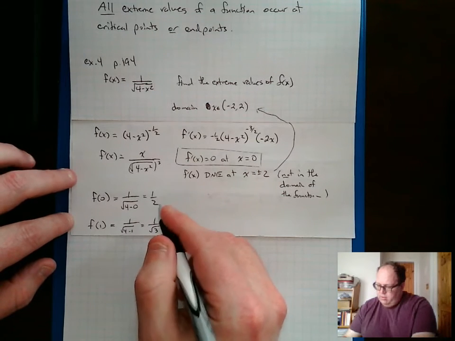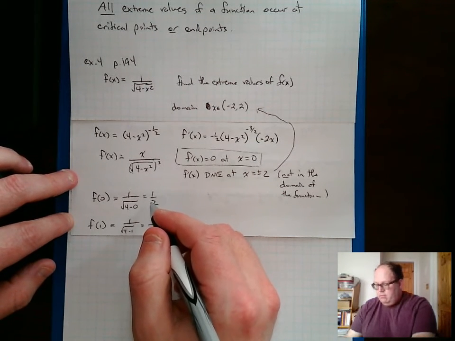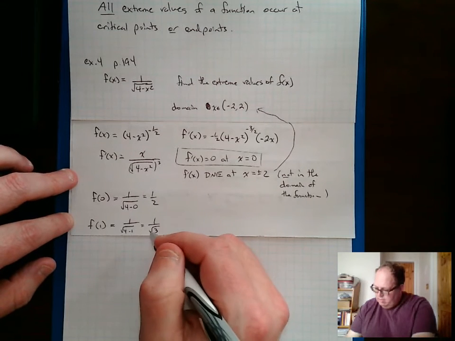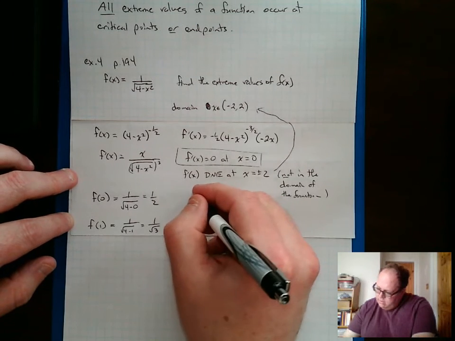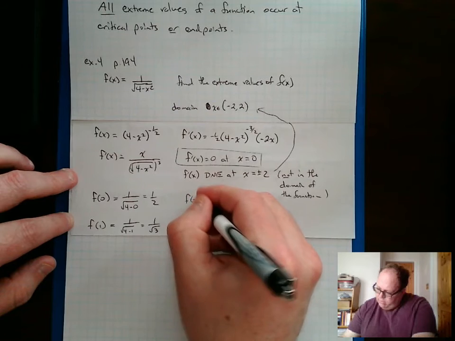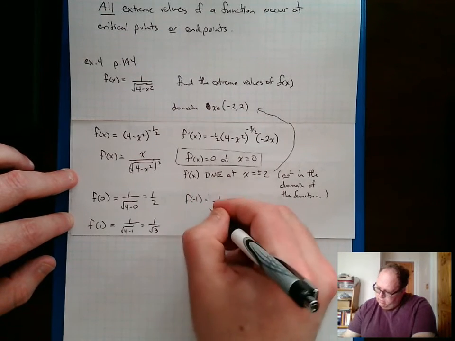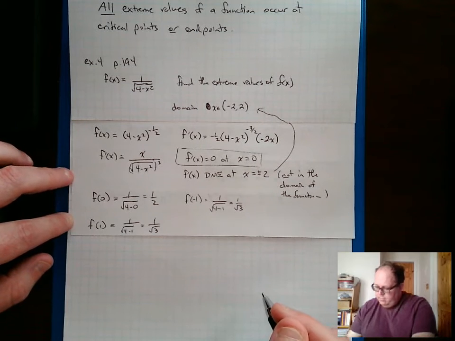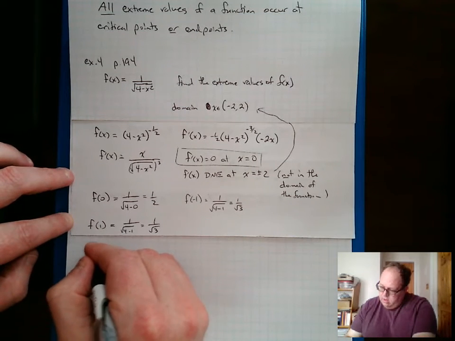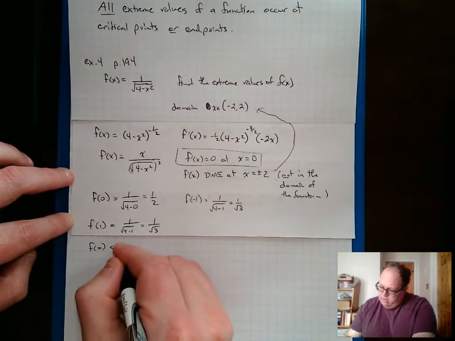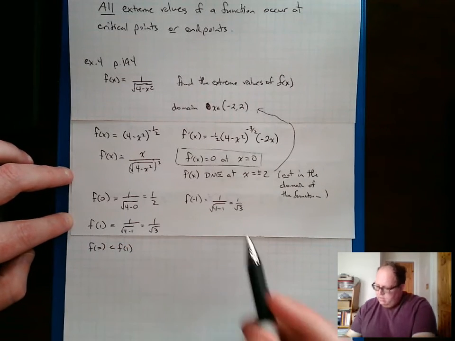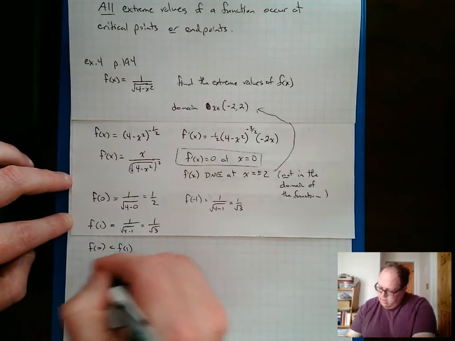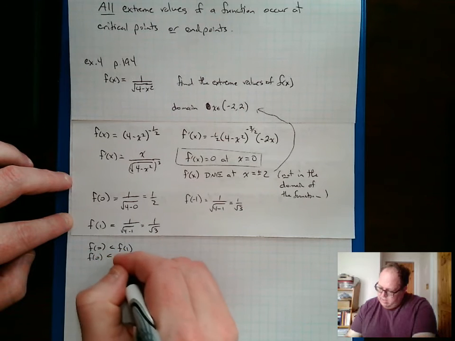Root 3 is smaller than 2, therefore 1/2 is the smaller of these numbers. And f of negative 1 is going to do the same thing, 1 over root 4 minus 1, which equals 1 over root 3. f of 0 is less than f of 1. And f of 0 is less than f of negative 1.